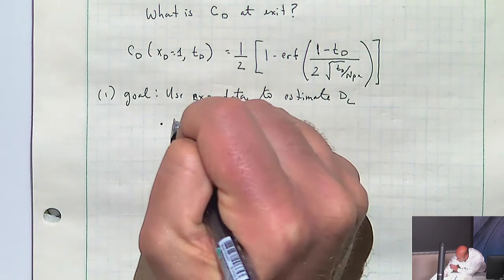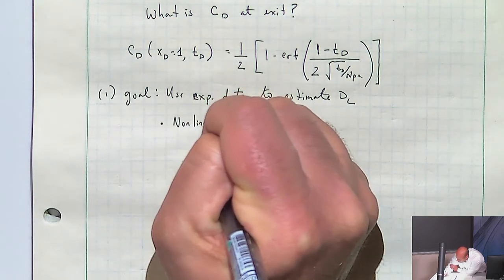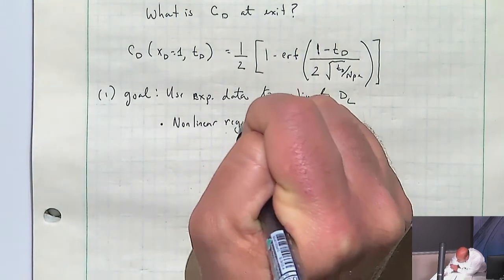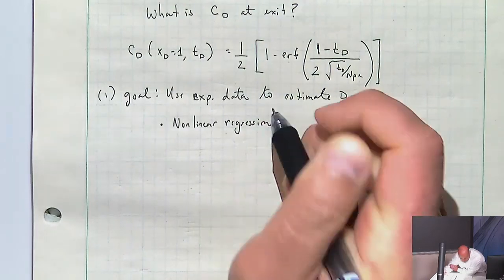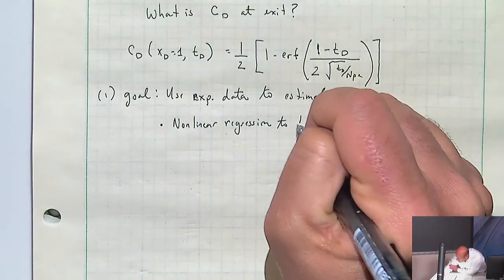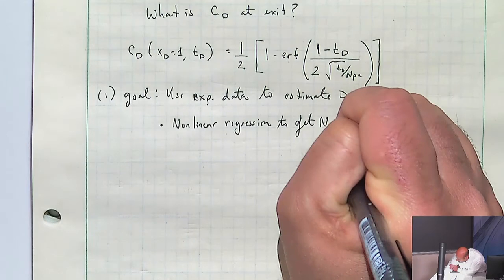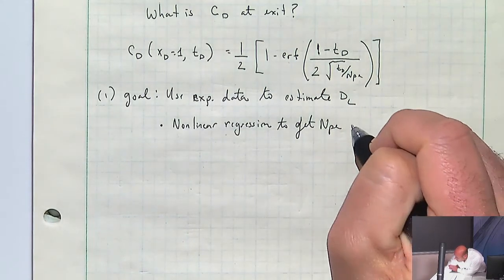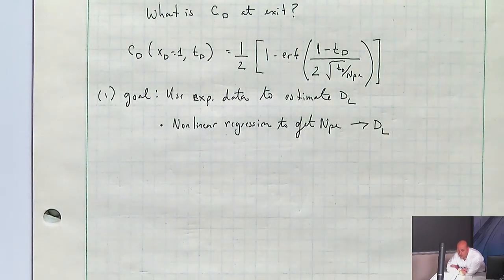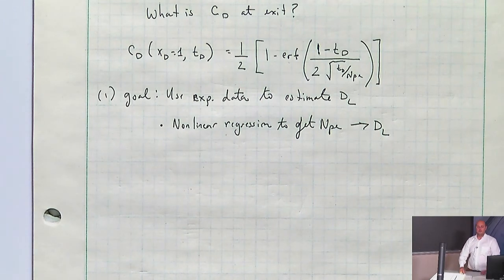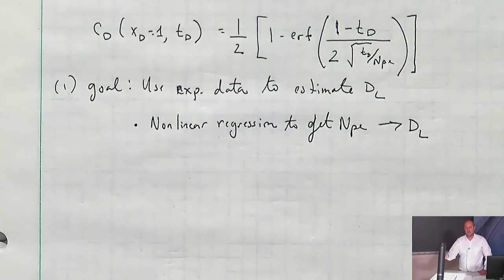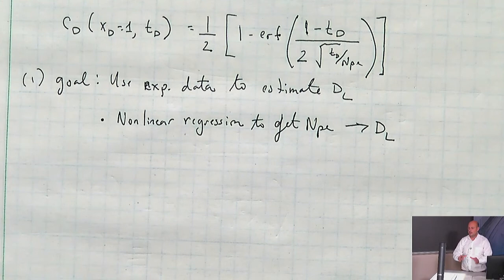One way to do that is nonlinear regression to get the Peclet number. And once you get the Peclet number, which is related to the dispersion coefficient, you get that. Now, my favorite way to do nonlinear regression is to use Excel and to use the solver. So you minimize the sum of the errors between the data and the model.